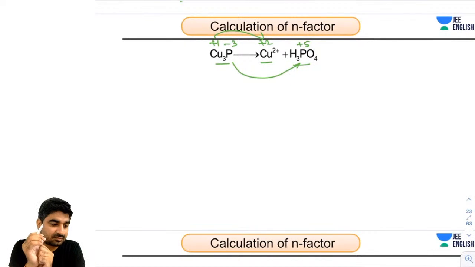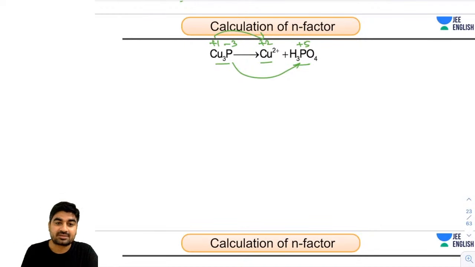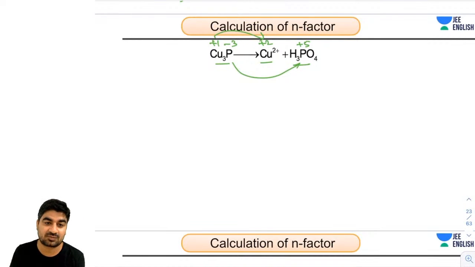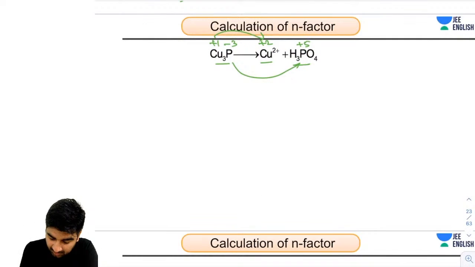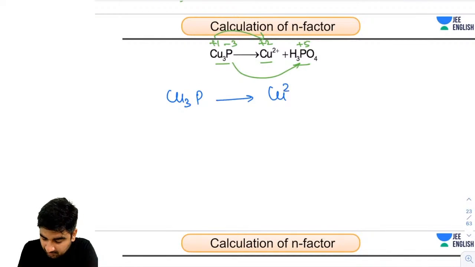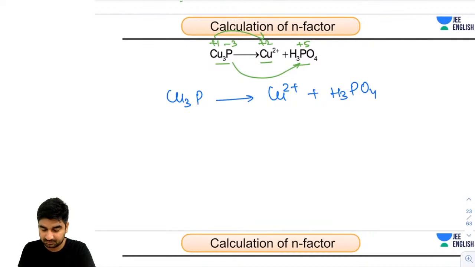Any doubt? No doubt. So guys, you have to balance copper as well as phosphorus. Now just do it. How will you do this? You have to write Cu3P giving you Cu2+ and H3PO4.